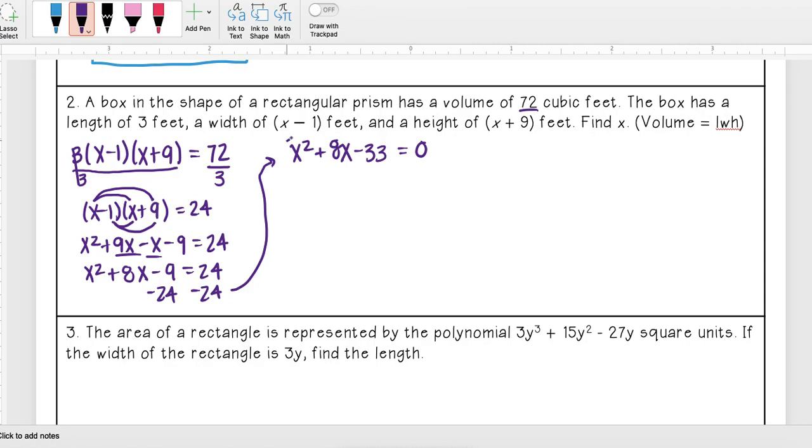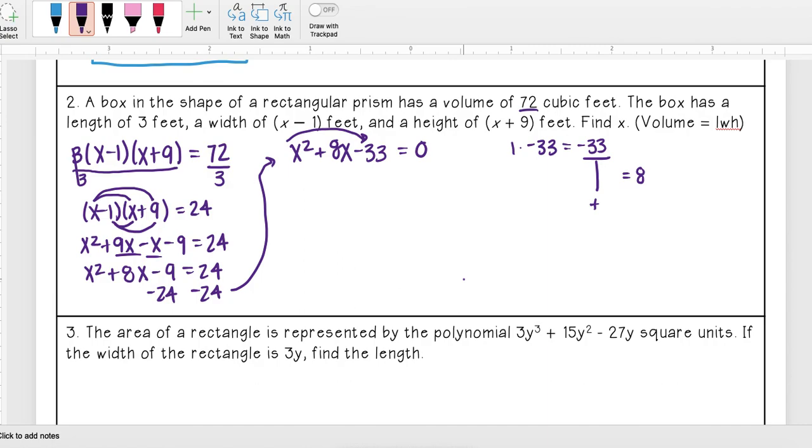So to factor, I'm going to do a times c. So I have 1 times negative 33 to get negative 33. And here I'm looking for two numbers that multiply to negative 33, but then add to equal 8. Since they're multiplying to a negative but adding to a positive, one has to be negative and the other has to be positive.